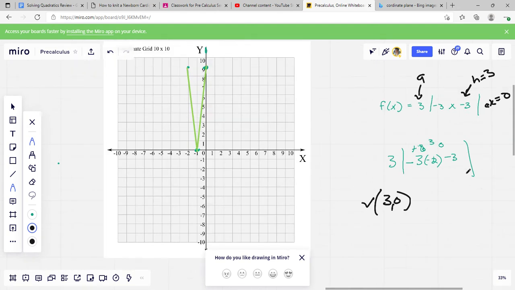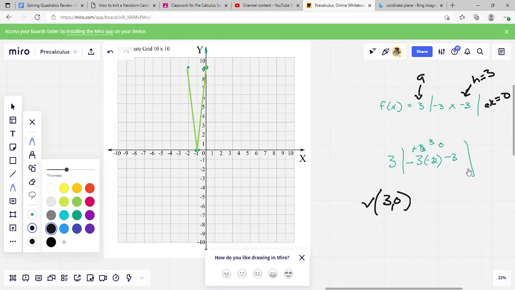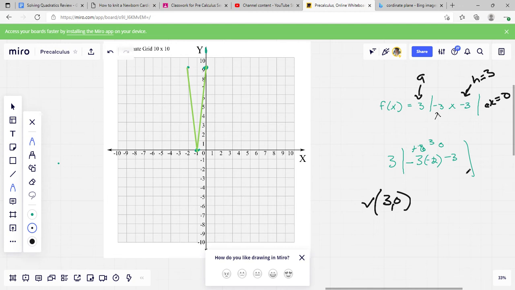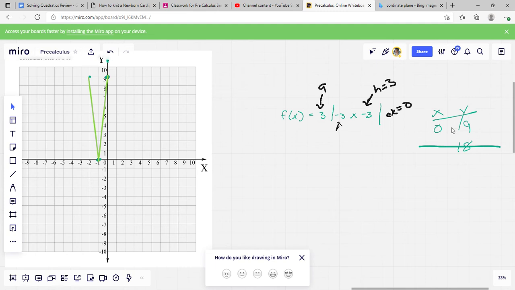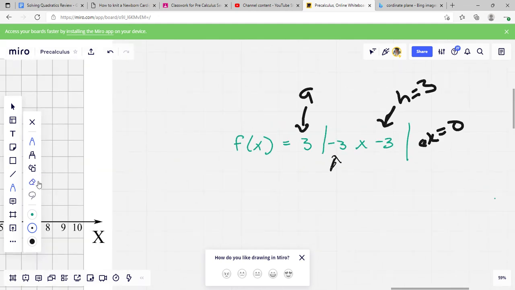Well, the problem is that we've got this 3 over here that doesn't need to be there. See that? You can't have anything multiplied by your x. Your x has to be by itself in the equation for that formula to work. So to fix that without graphing, all we have to do is change around this equation so that we get that x by itself.